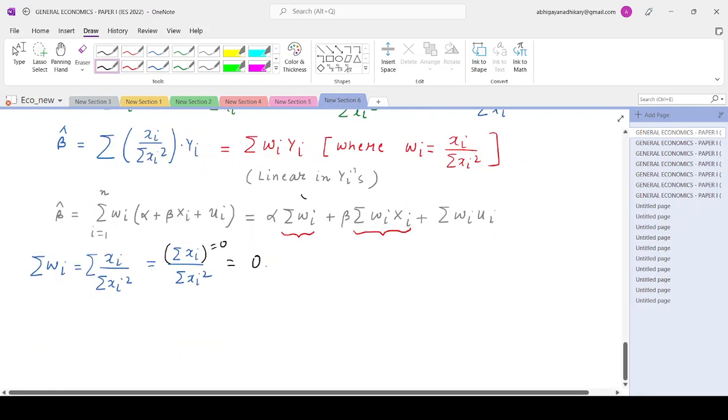So this part is basically not contributing anything. What will be summation wi capital Xi? It will be summation small xi into capital Xi divided by summation small xi whole square.